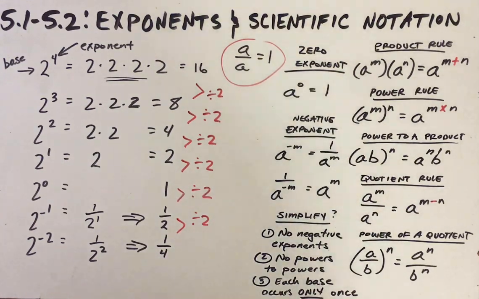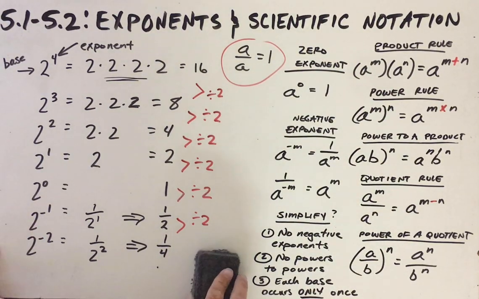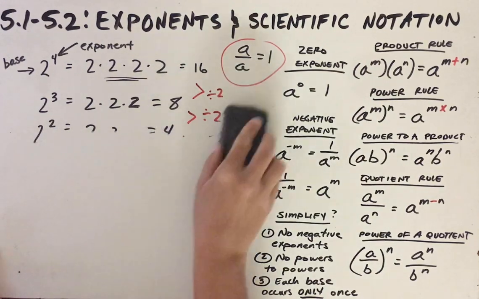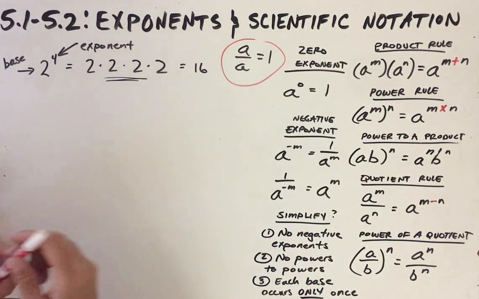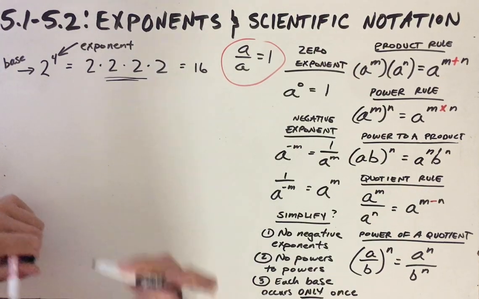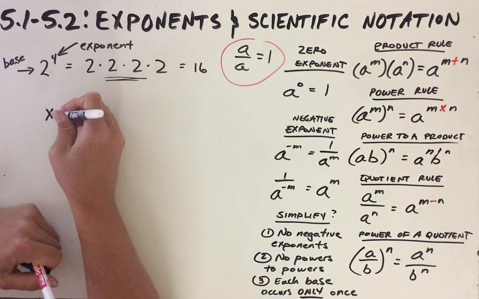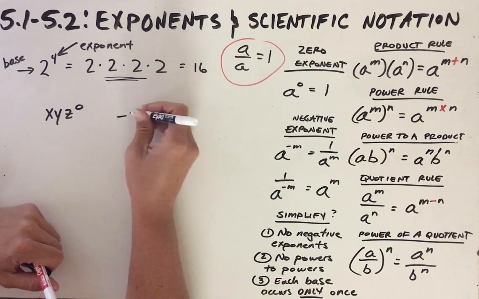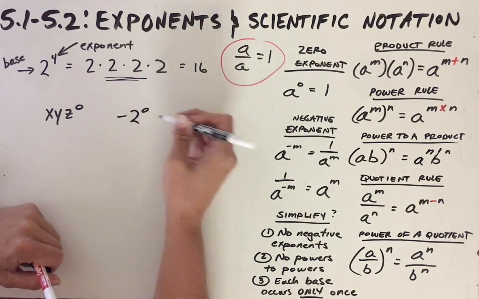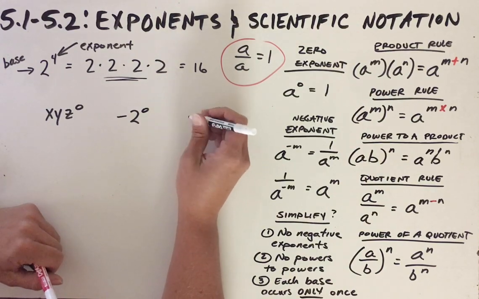For this 0 exponent rule, let's talk about this for just a minute. If anything to the 0 power is 1, then let's do a few problems. Let's say that we have x, y, z to the 0 power. We have negative 2 to the 0 power.